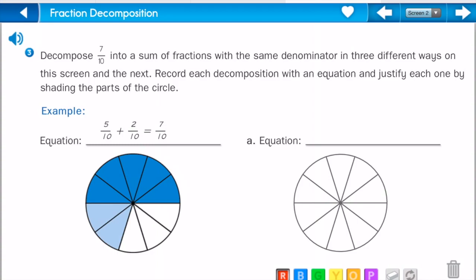We used 5/10, which they shaded in dark blue: 1, 2, 3, 4, 5. So that's the first one. I'll draw a little arrow so you can see it. And the 2/10 they shaded in light blue over here. If we add all these together, we get 1, 2, 3, 4, 5, 6, 7: 7/10.